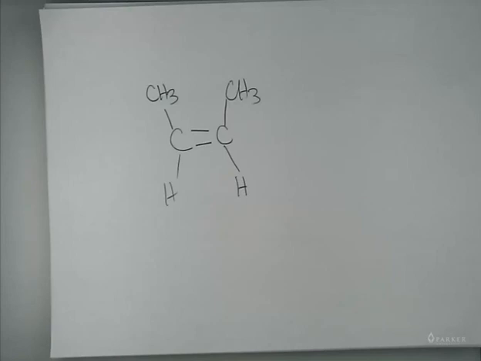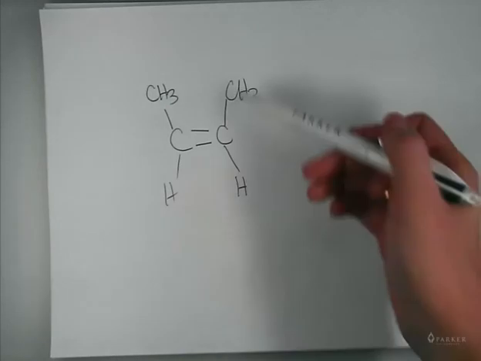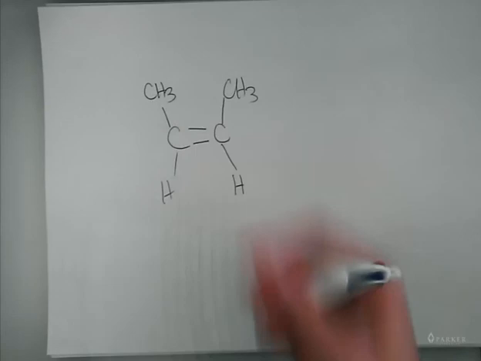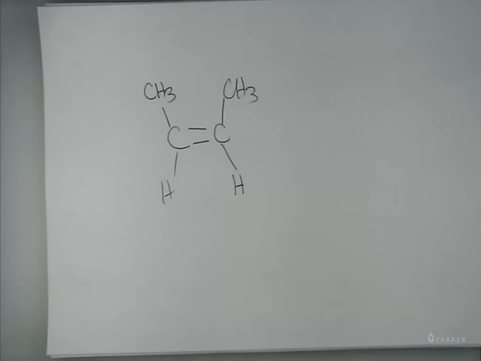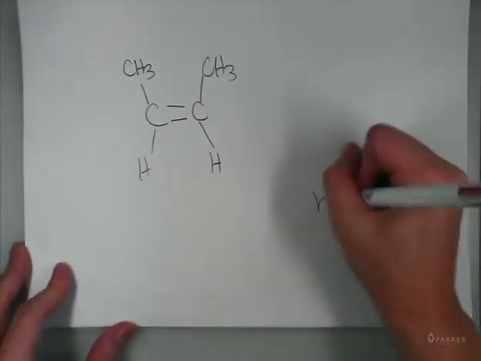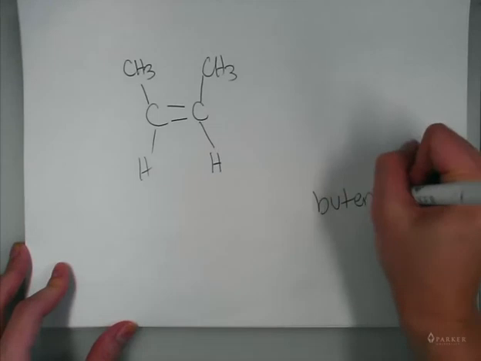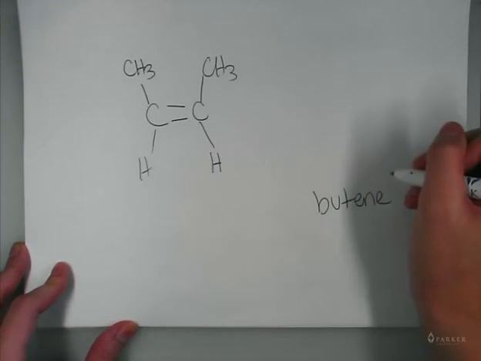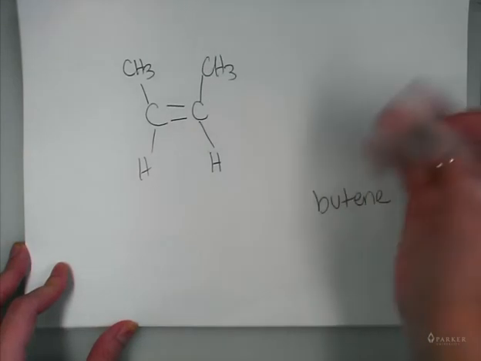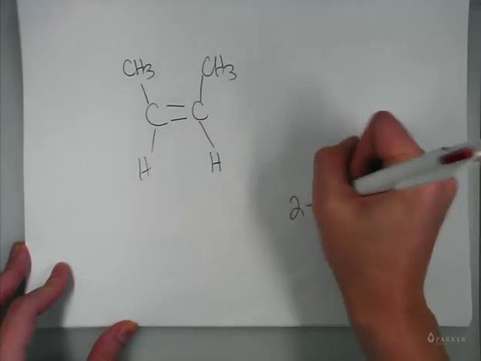Okay, so how many carbons in the longest chain? 4. 1, 2, 3, 4. So what do we call 4? Butene. And where is the double bond? Carbon, yeah, so it starts on carbon 2.